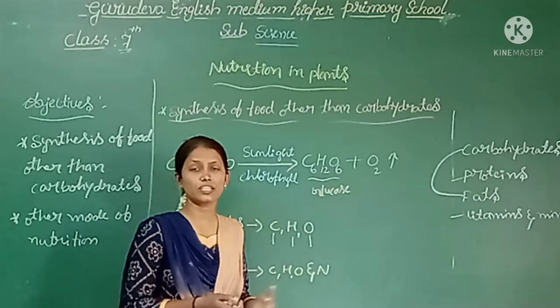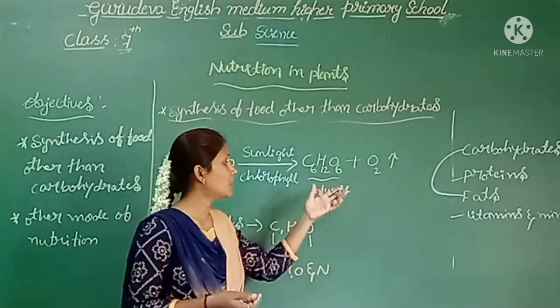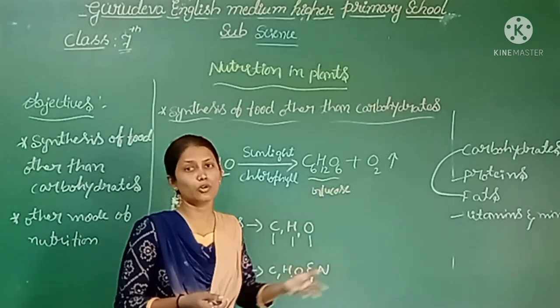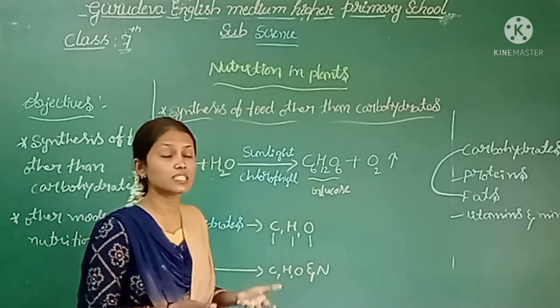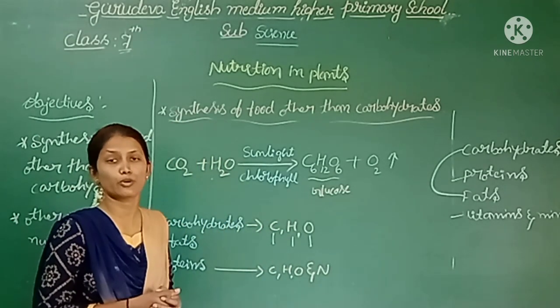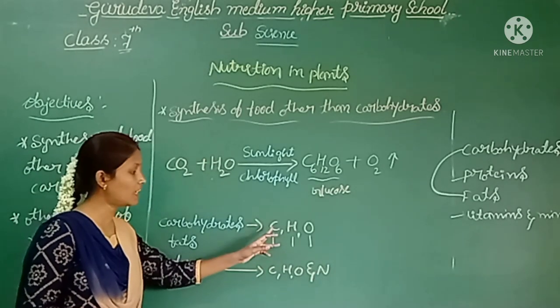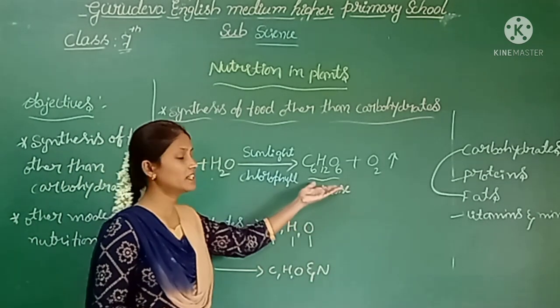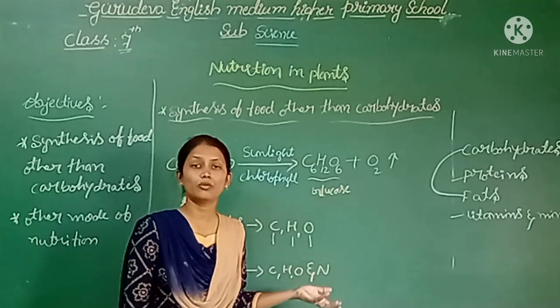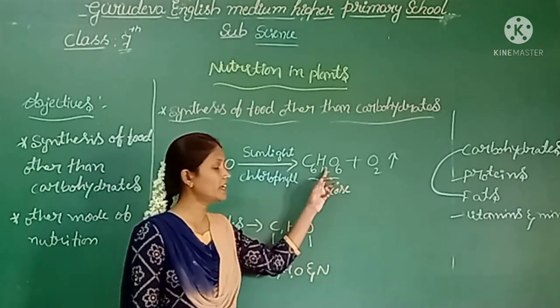Dear children, you may ask me: carbohydrate is formed, then what about the proteins? How are proteins formed during the photosynthesis process? Now let us discuss. Carbohydrates are made up of carbon, hydrogen and oxygen, which are already present. But to get a protein component, we need nitrogen.